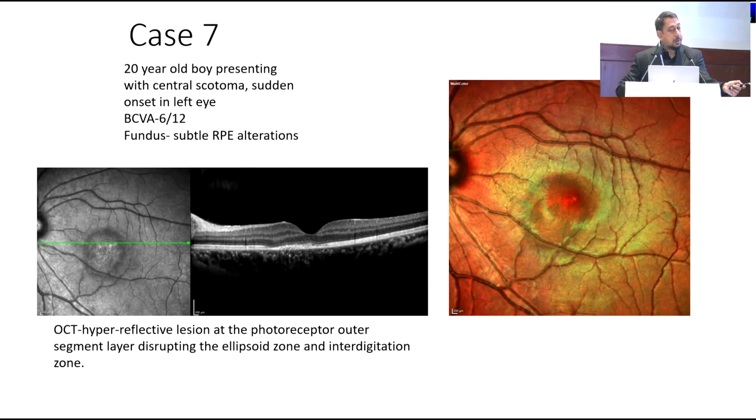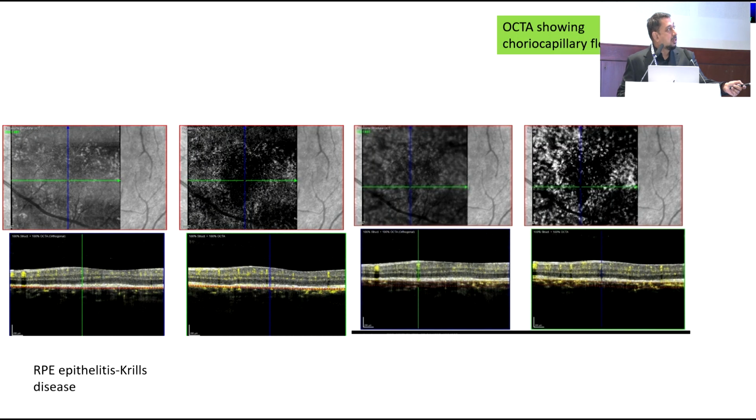Another person with metamorphopsia as the main complaint, a subtle disturbance of the RPE level over here. The overlying ellipsoid zone is rarefied, and this was the picture. The OCTA shows definite choriocapillary voids. Again, the OCTA is very important to diagnosis. The underlying choriocapillaris is inflamed, and the overlying RPE produces an RPE epitheliitis.